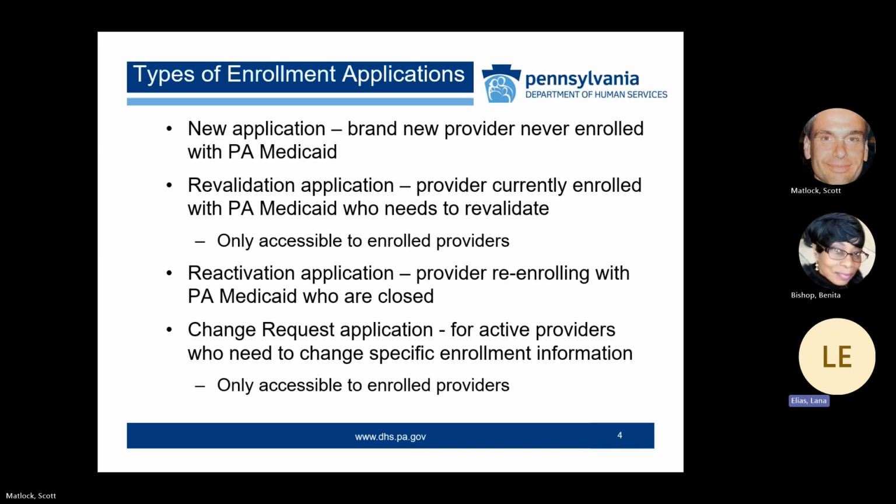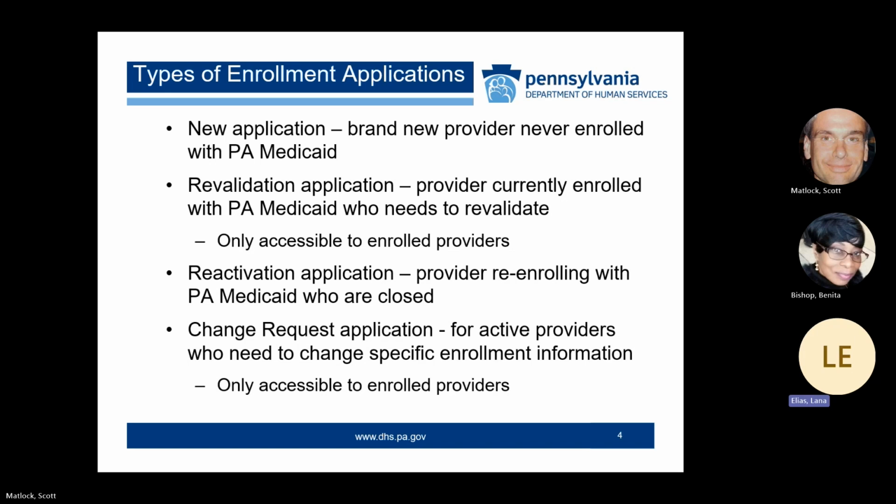Now, the types of enrollment applications. We first have a new application, which is for a brand new provider never enrolled with PA Medicaid, or if you are a provider who is needing to enroll a new service location. There's also a revalidation application. So providers who need to revalidate per the ACA regulations every 5 years would complete a revalidation application, and that is only accessible to enrolled providers.